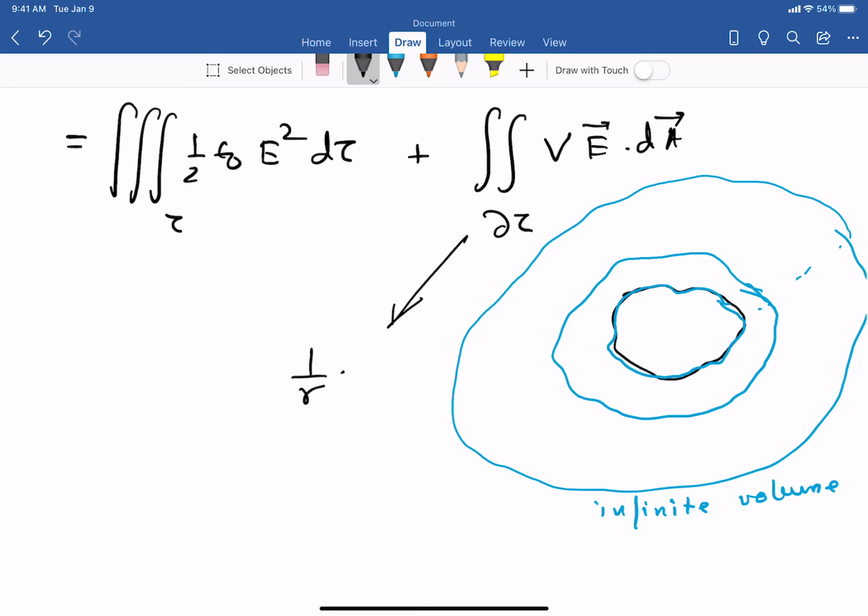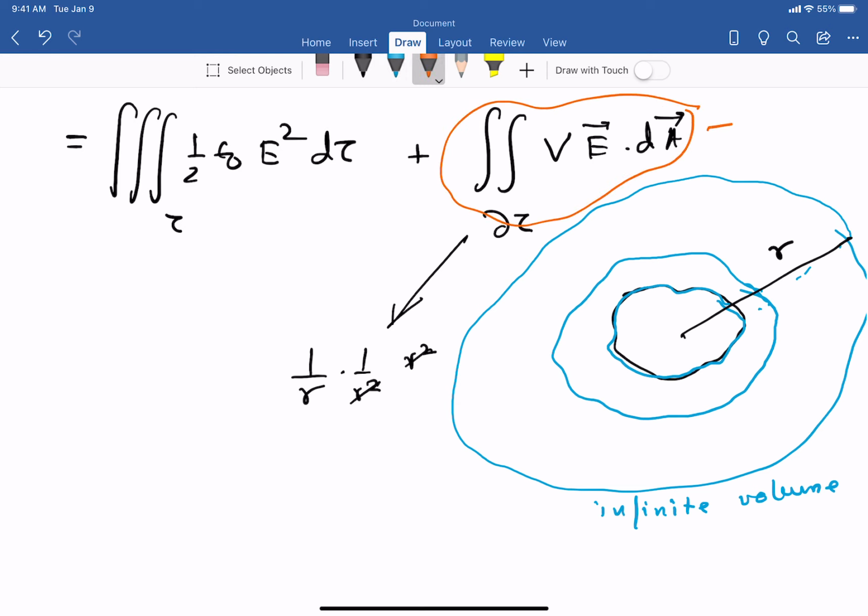The electric field will go as 1 over r squared. And the area of a sphere is 4 pi r squared, so the area scales as r squared. So this integral is roughly proportional to 1 over r.